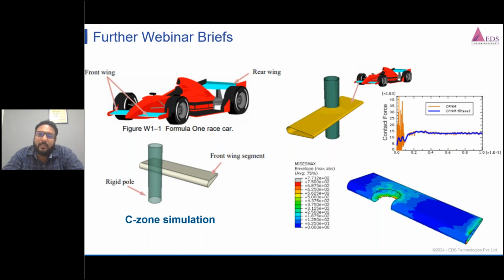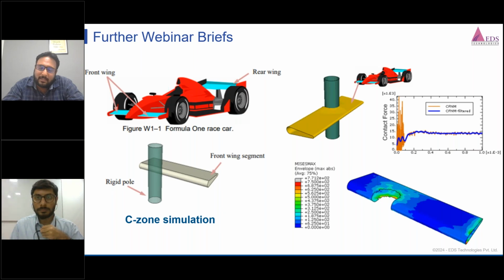So this was all about the brief about what capabilities SIMULIA is having in terms of composites. We do have other solutions with respect to not only for composites but integrated with respect to metals, rubbers, polymers. So even we have analysis like vibration.